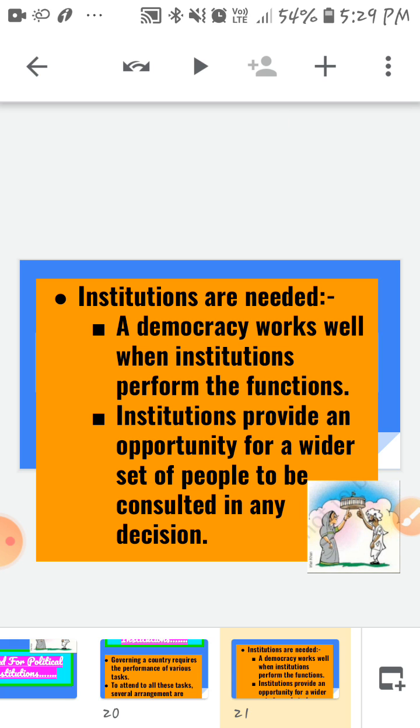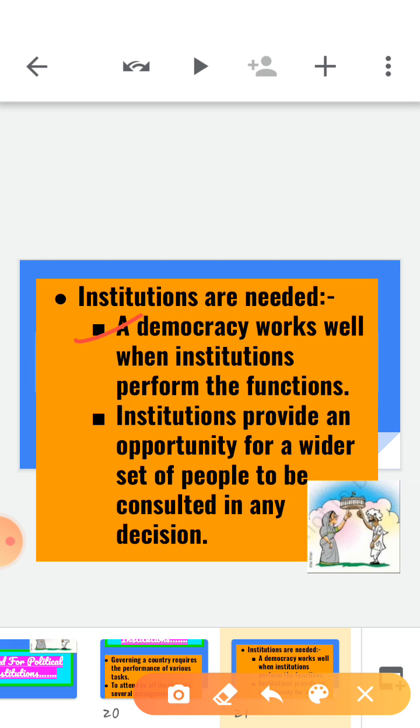Why is there a need for political institutions? Institutions are needed for many reasons. First, a democracy works well when these institutions perform the functions assigned to them.